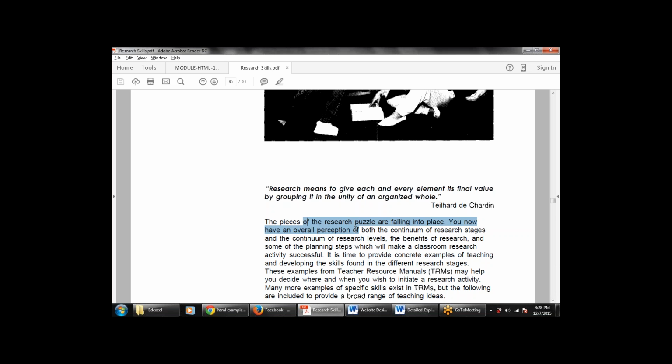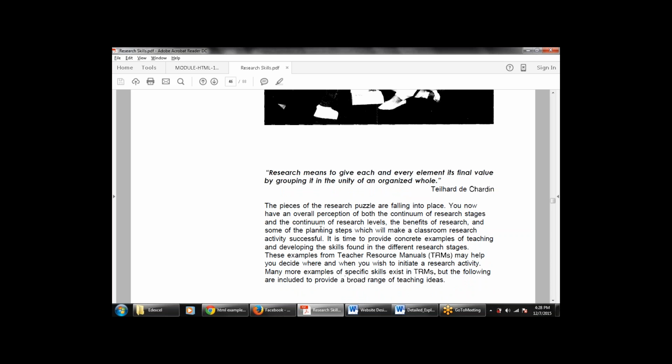And the pieces of the research puzzle are falling into place. You now have an overall perception of both the continuum of the research stages and the continuum of the research levels, the benefits of research, and some of the planning steps that will make a classroom research activity successful.